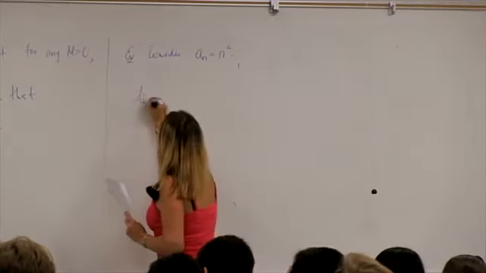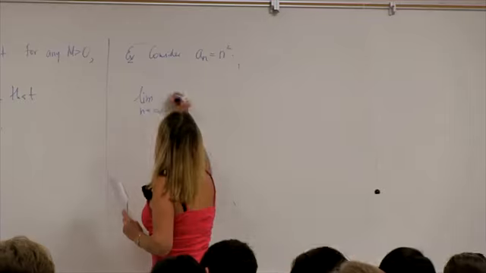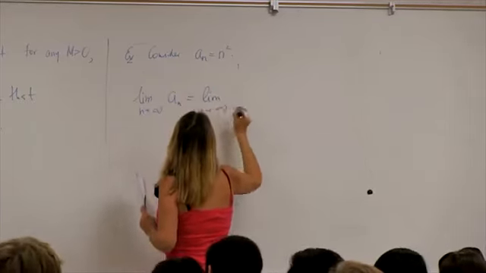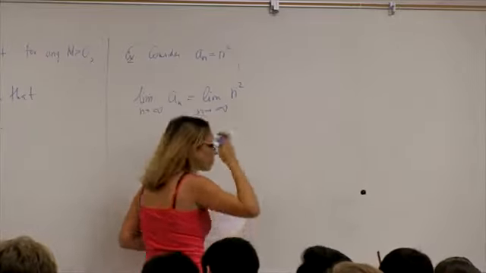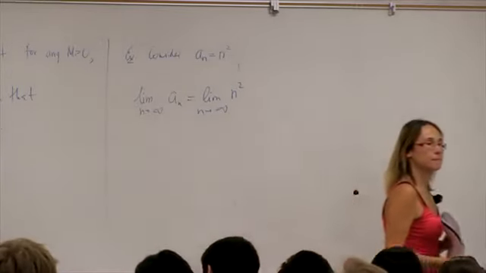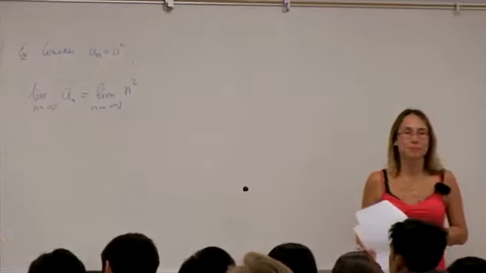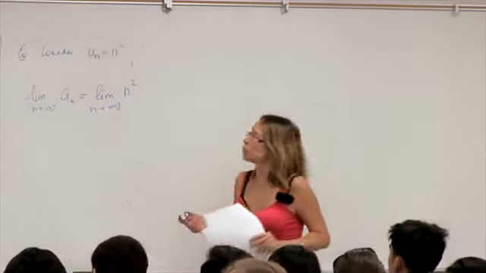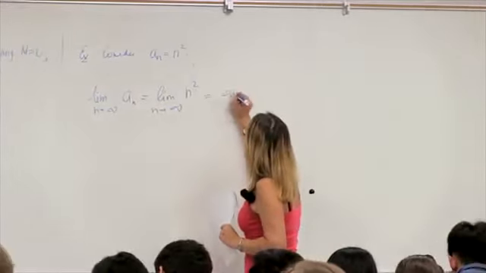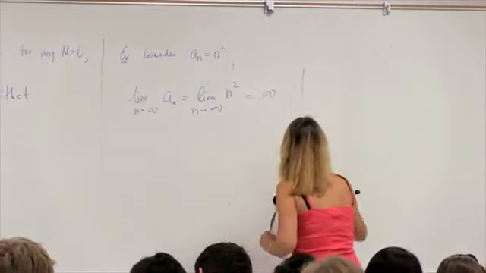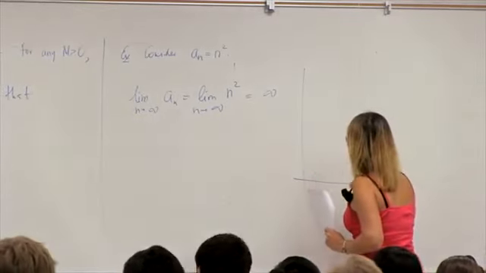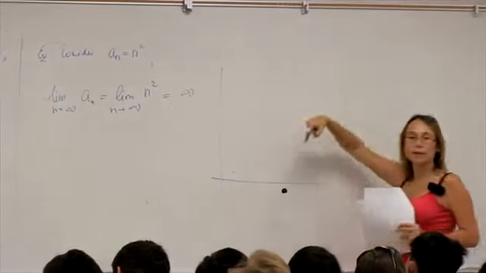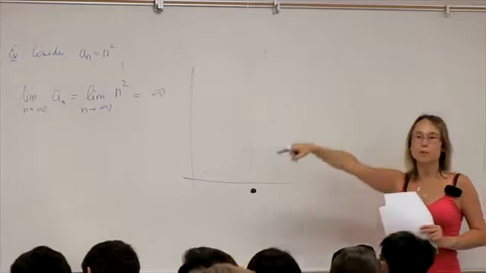What is the limit as n goes to infinity of a_n? What do you think? What happens to n squared as n goes to infinity? It also goes to infinity. What does it mean? If I plot it, it goes like this. It kind of outlines a parabola, point by point.